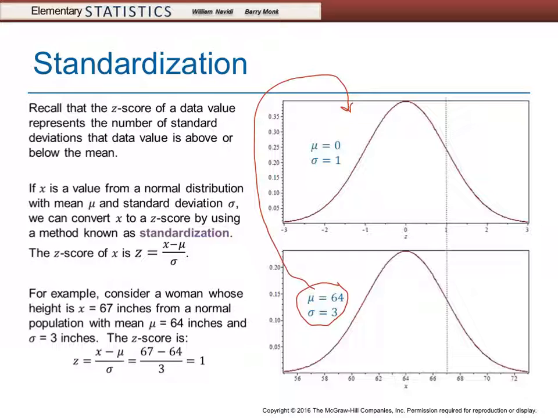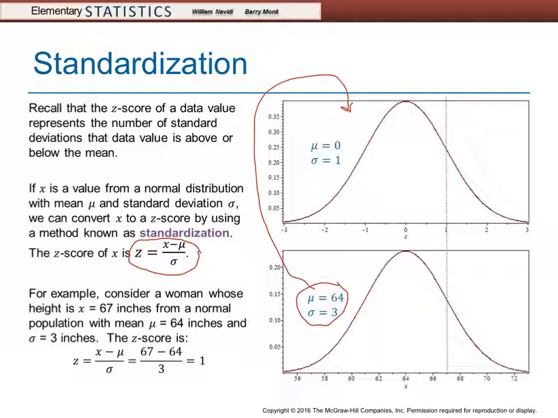You will recall that a z-score of data values represents the number of standard deviations that a data value is above or below the mean. If x is a value from a normal distribution with mean mu and standard deviation sigma, we can convert x to a z-score by using the formula below. The z-score formula is right here, and we've talked about it a number of times.